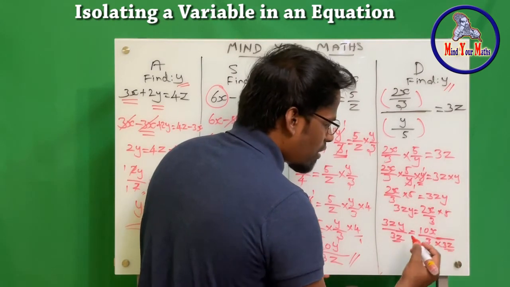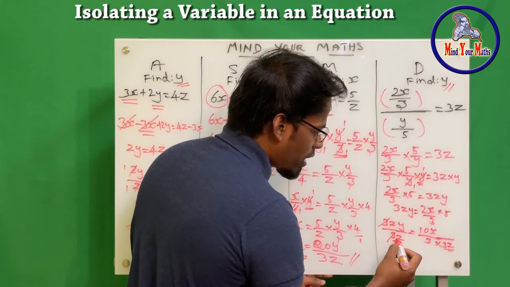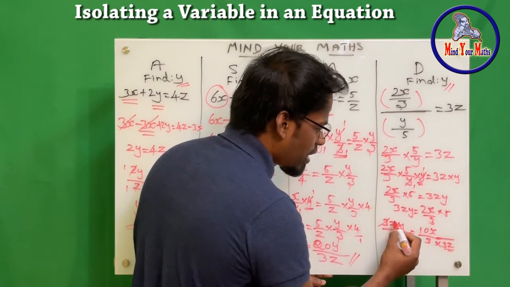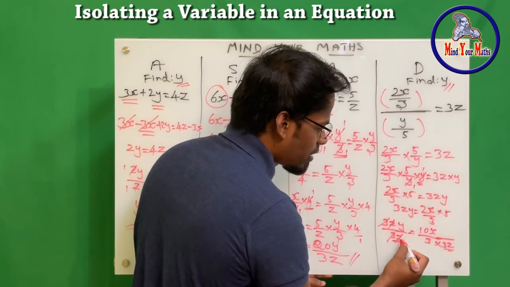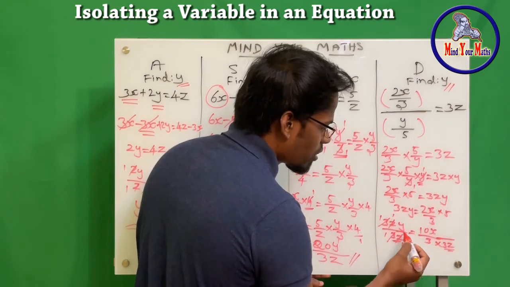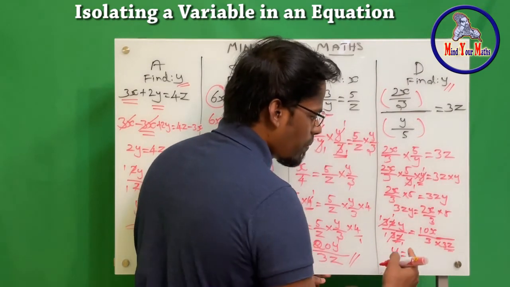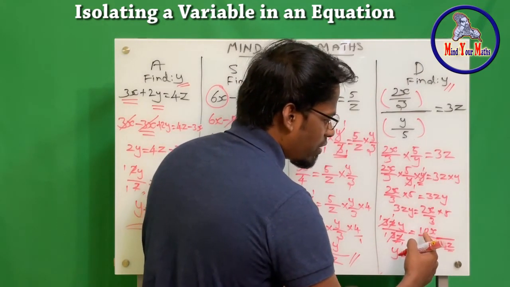So now let's simplify it further. Here the 3, 1 times 3 and 1 times 3, and the z is 1 times z and 1 times z. So it becomes 1, 1, all 1. So you are left with only y. So y equals, on the right side, what are you left with?